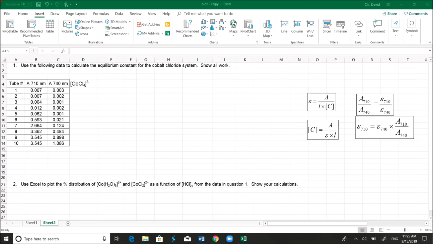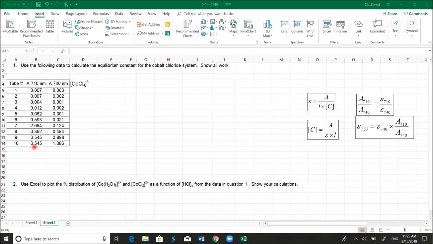The absorbance at 710 and 740 are both due to the cobalt tetrachloride complex ion. So which one should we use to calculate the concentration? It turns out that any absorbance value 2.0 and above is too strong and off scale for the spectrophotometer. They are not reliable.